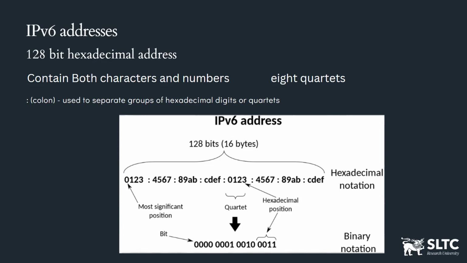There are 4 numbers in the quartet, and we can define each of them by a 4-digit binary value.